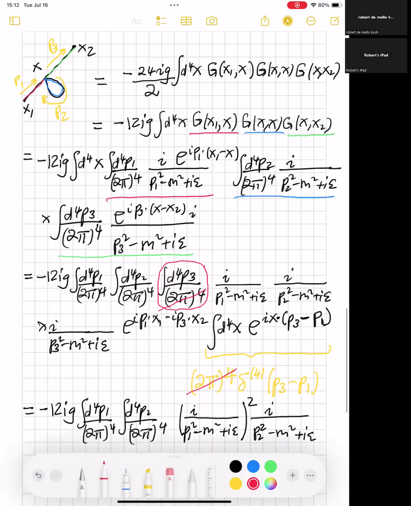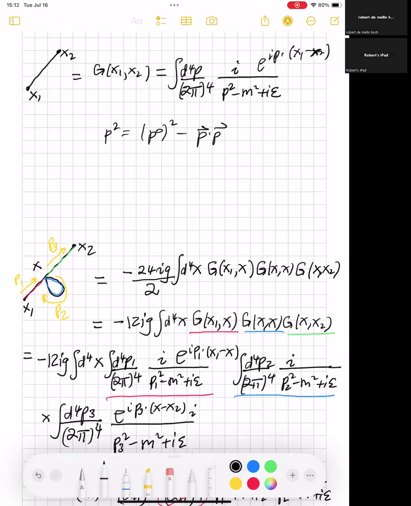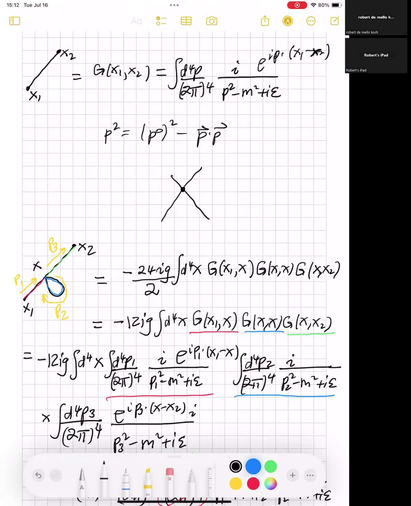Now, one of the things that I wanted to stress, there's something rather interesting going on here. So let's look at this vertex, okay? I only want to look at the momenta that are flowing around this vertex. So let's color code things a little bit. We've got the blue lines, here there's a blue line, here there's a blue line, we've got a green line, and we've got a red line.